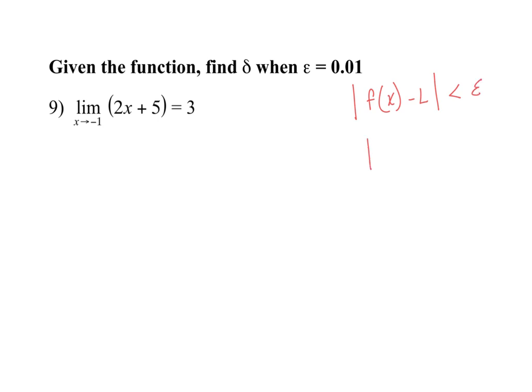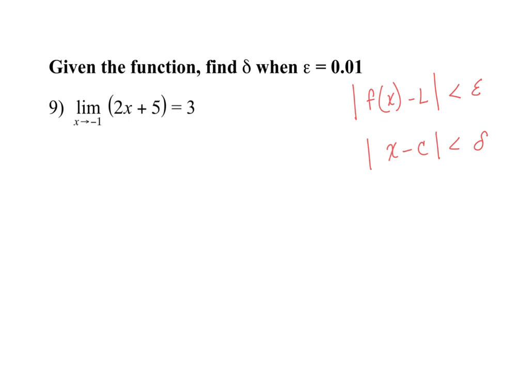And what you're trying to figure out is, if I take my x minus my constant, the number that x is moving towards, it is going to be less than some delta that corresponds to it, all right?